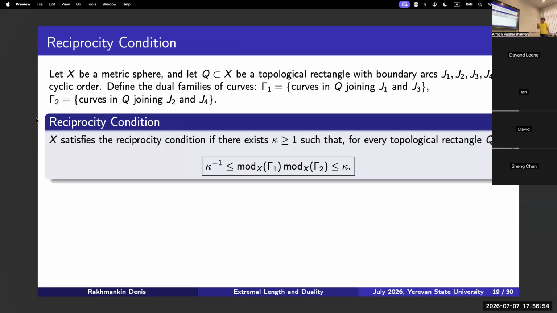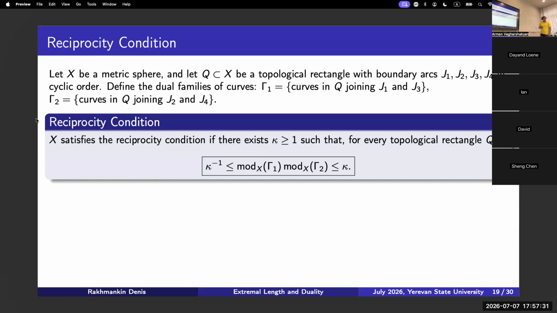It's a property of a surface for all topological rectangles. If for the product of the moduli of dual families we have a lower and upper bound for all these curves, we will call this sphere, this surface, a reciprocity sphere or reciprocity surface.